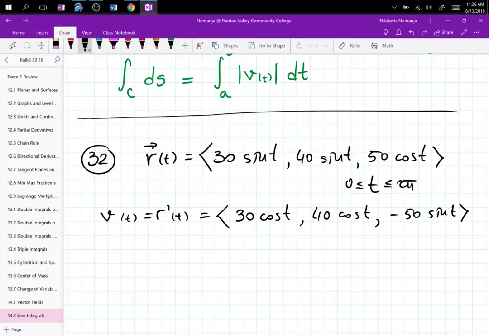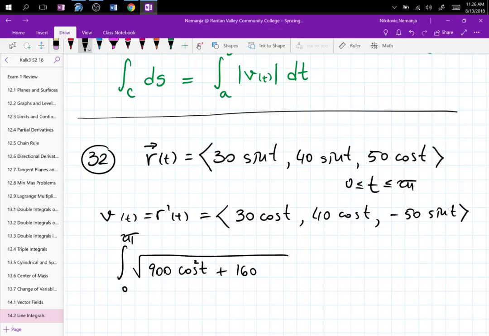And then we have to integrate from 0 to 2 pi the magnitude of this. So it's going to be the square root of 900 cosine squared t, plus 1600 cosine squared t, plus 2500 sine squared t.